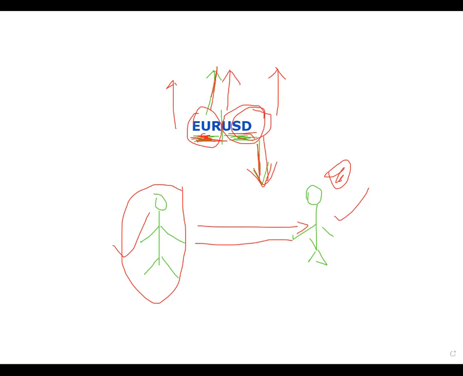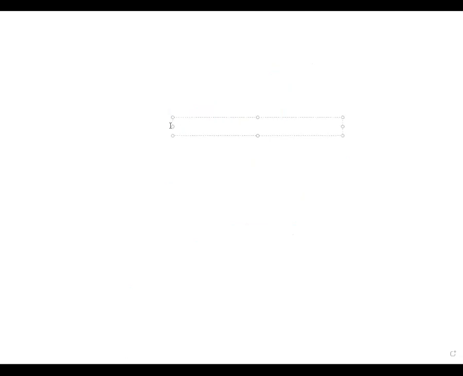Now, once you have this concept in your mind, once you can see this picture clear, the next thing you will ask yourself is, okay, if this is the case, when it comes to Euro USD, how will I know whether it is the base currency that is going to be strong or the quote currency that is going to be strong? How will you know that? That is the next question you will ask yourself, because you want to trade Euro USD.